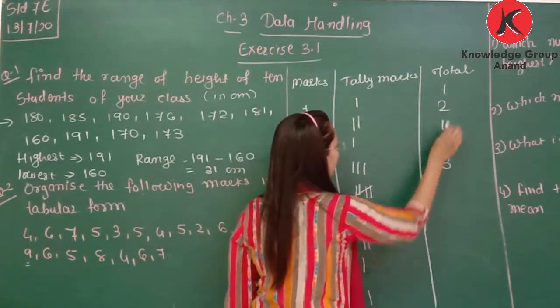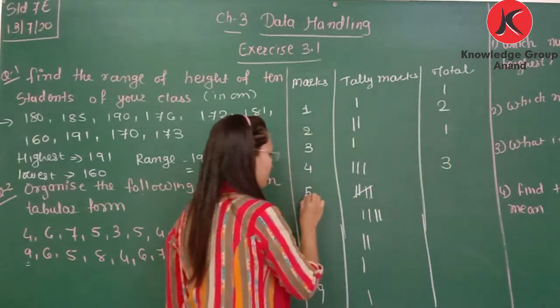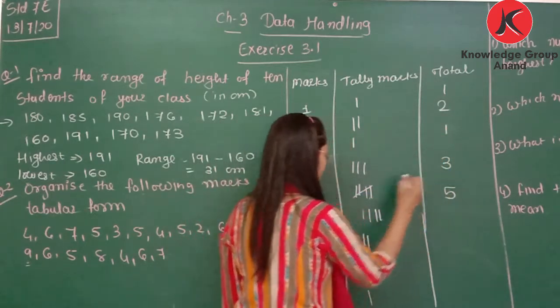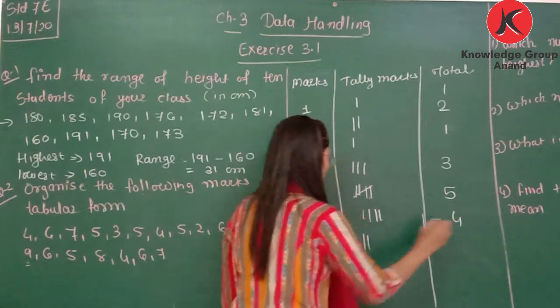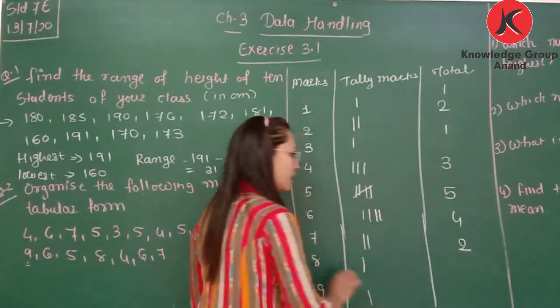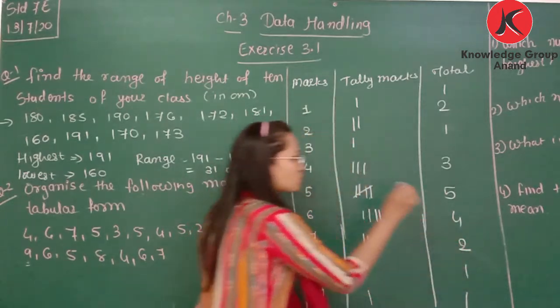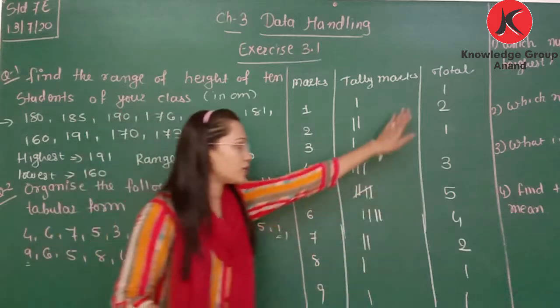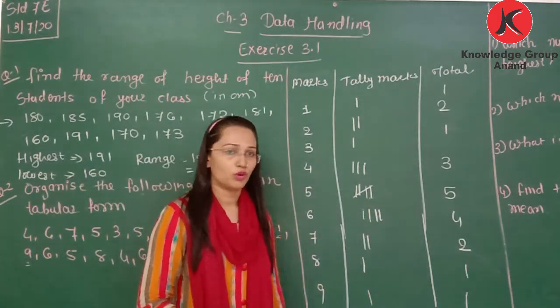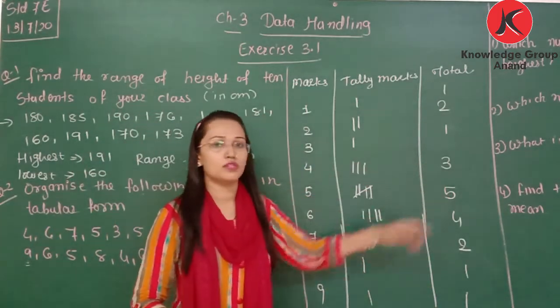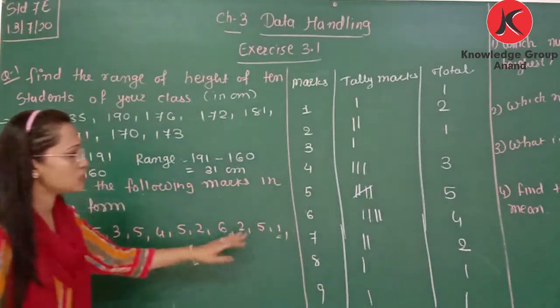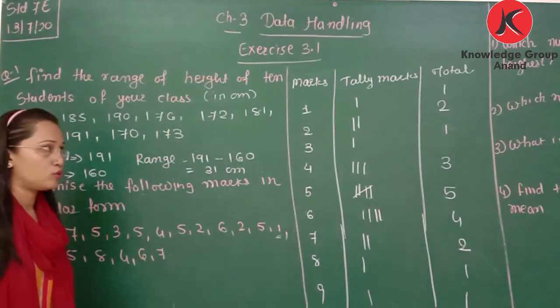Here 4, 3 times. Then 5, 5 times. 6, 4 times, 7, 2 times, 8 and 9, 1 time each. So this gives the frequency of the number. This way we can represent it in tabular form.